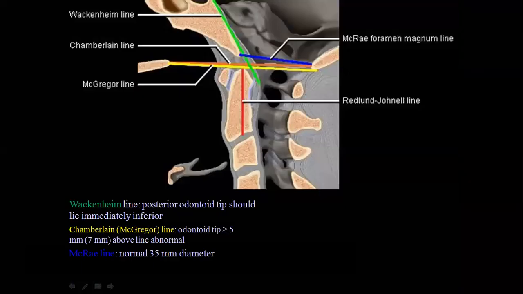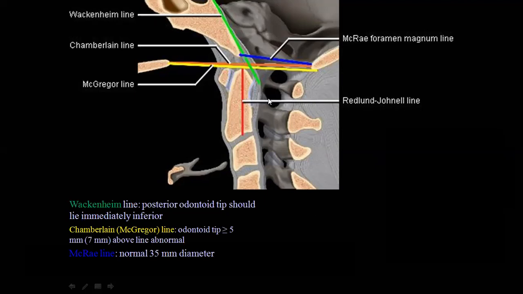Here are some measurements that can help you be sure if there is any misalignment between the atlas and the axis. If there is any misalignment, you should carefully look at these lines, at least the McGregor sign, McGregor line.